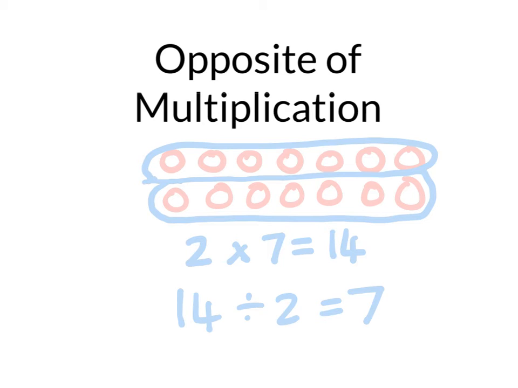Okay, so 2 times 7 is 14, but 14 divided by 2 is 7. And they're kind of just the opposite ways of looking at things, and it's the same kind of thing. So you'll notice in here there's a 2 here, and a 2 here, and a 7 here, and a 7 here, and a 14 here, and a 14 here. So we've just kind of switched the problem round.